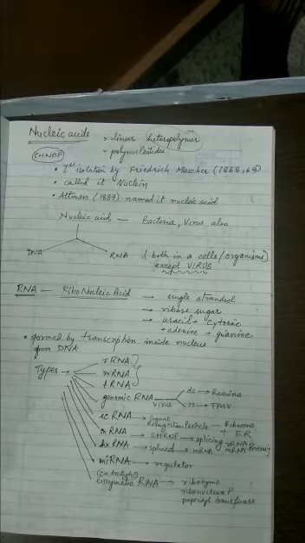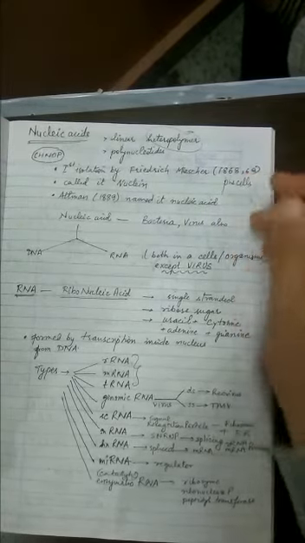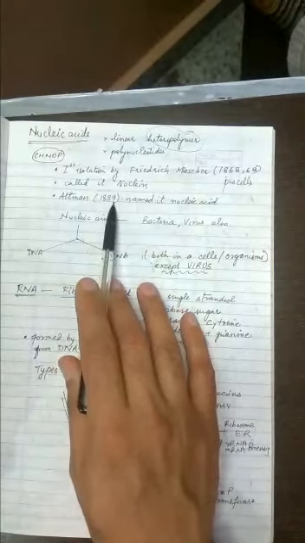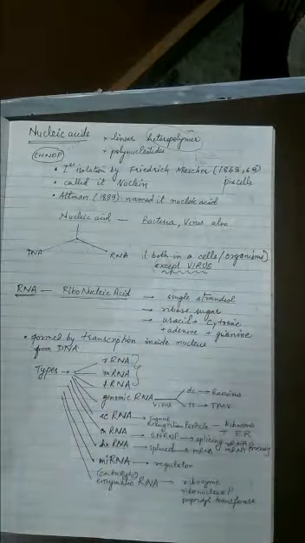So the nucleic acid was first extracted by Friedrich Miescher in 1868 and 69, somewhere in between, from pus cells. He was studying the pus cells and he took out the genetic material, which he called nuclein, because it was from inside the nucleus. Later Altman discovered in 1889 that it is acidic in nature, so he modified the name into nucleic acid.